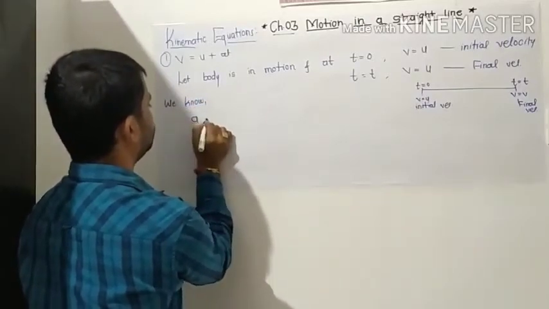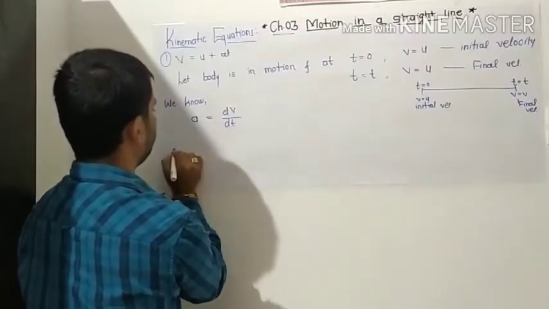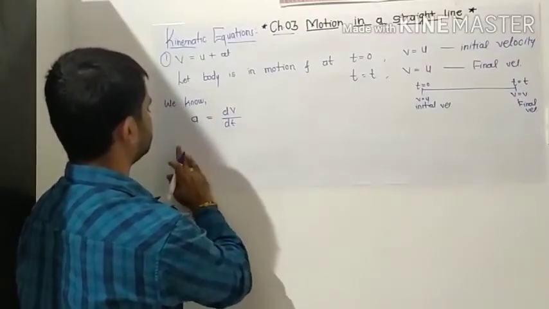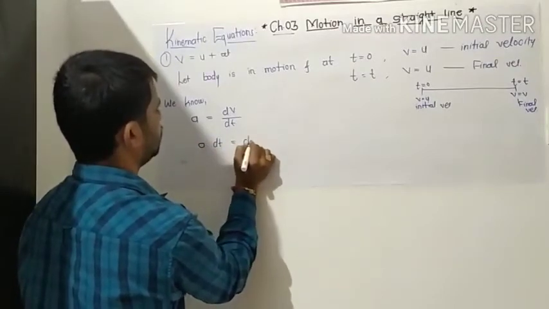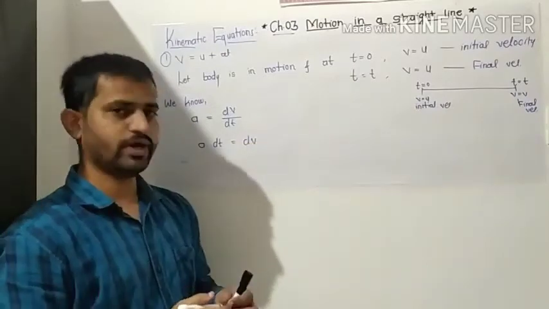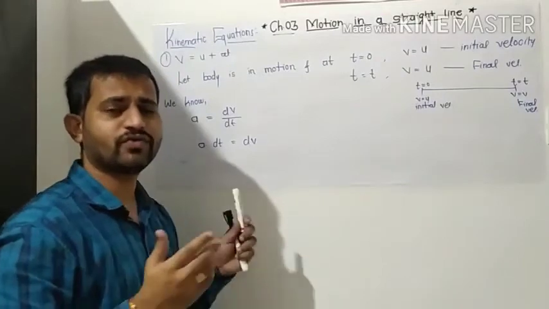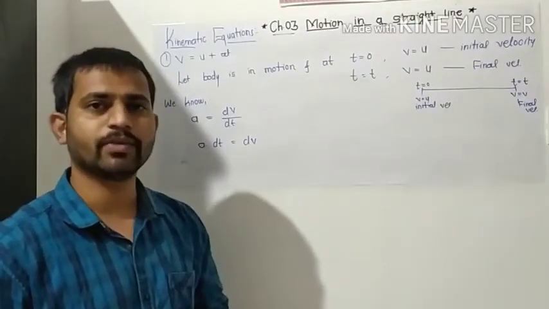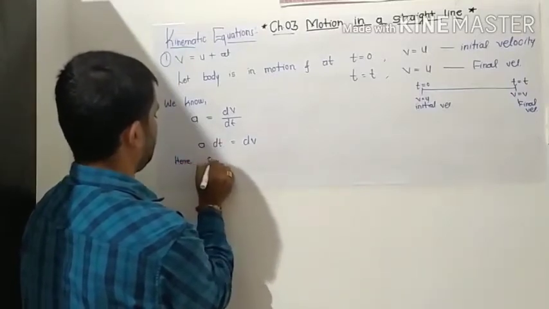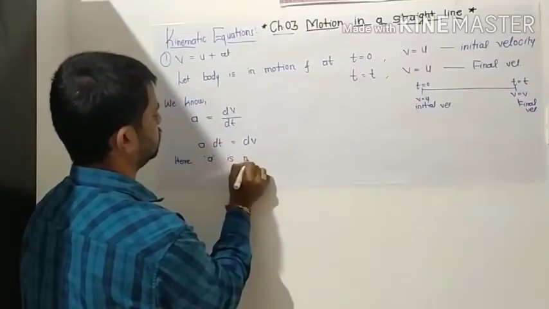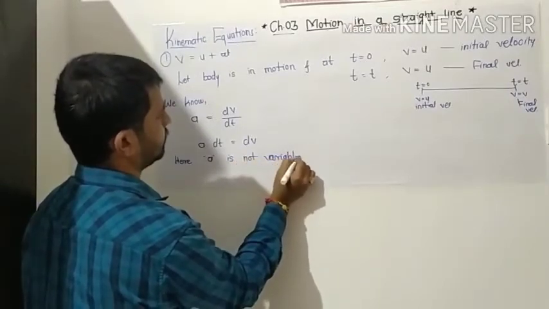We know a is equal to dv by dt, therefore a into dt is equal to dv. Now we have to put the limits to this equation, where a is not a variable.